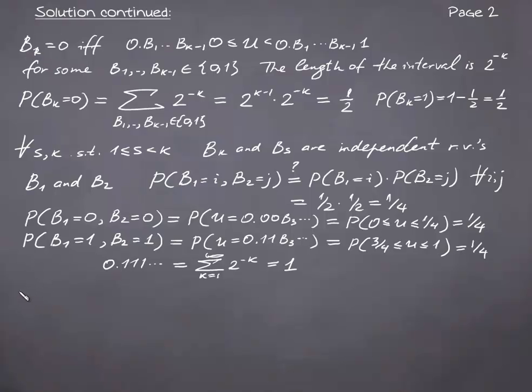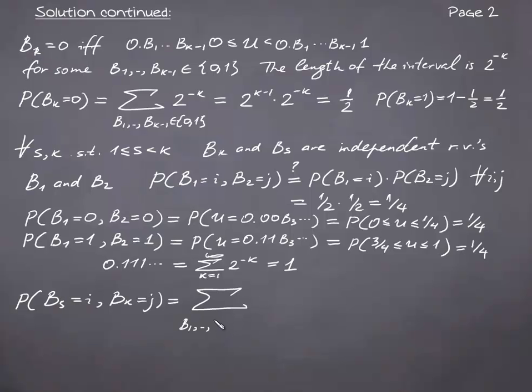Considering just some digits bk and bs, we can write down the probability that bs is i and bk is j, and again we have to consider different choices for other digits. So we need to take all digits excluding bs and bk, and all digits that follow them.